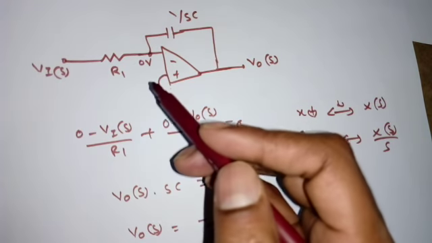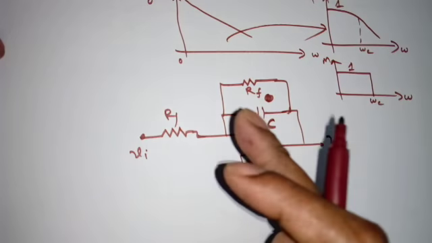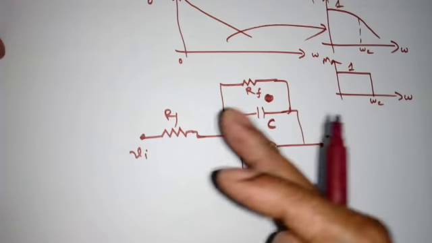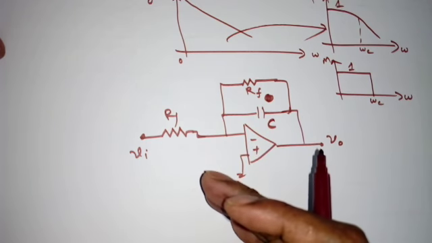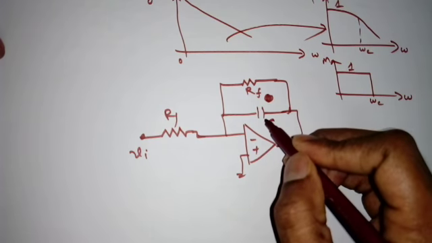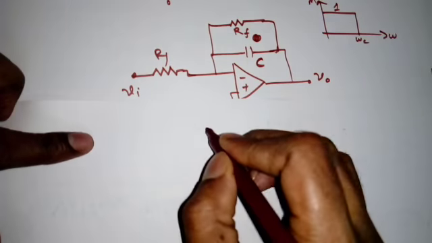So we have to include that resistance to make it practical. So now how to analyze the circuit? The same way as we have done for the differentiator. We will find the transfer function in S domain, then we will draw the frequency response, then we can find the 3 dB frequencies. So the capacitor will be replaced by 1 by SC.